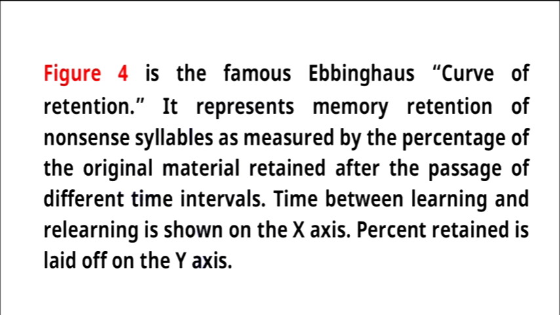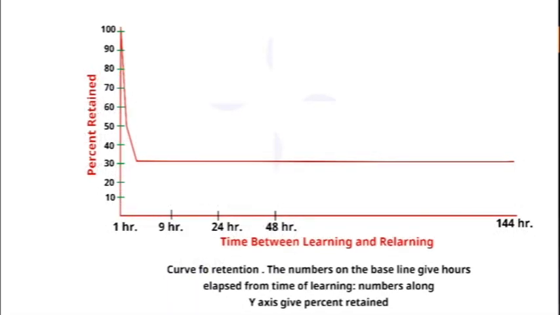If you look at the graph now, this is called the retention curve or forgetting curve, or Ebbinghaus curve. This is the percentage of retention, 10, 20, 40, 50, 60, 70, 80, 90 and 100, after 1 hour, 9 hours, 24 hours, 48 hours, 144 hours. Means when I make you learn a material, and after 1 hour I ask you to recall, repeat, it is almost about 100%.